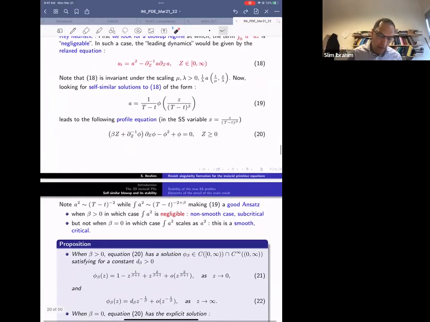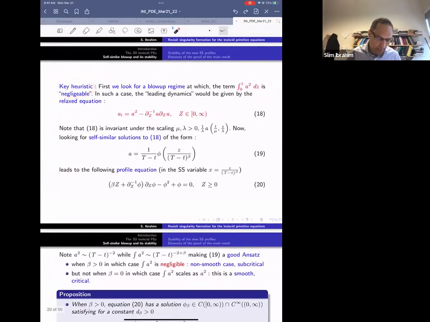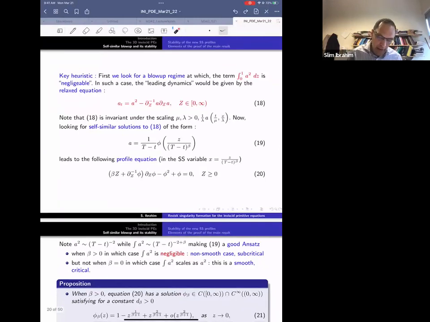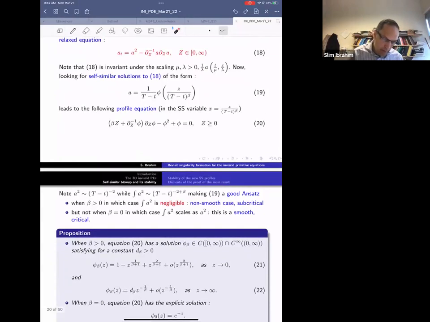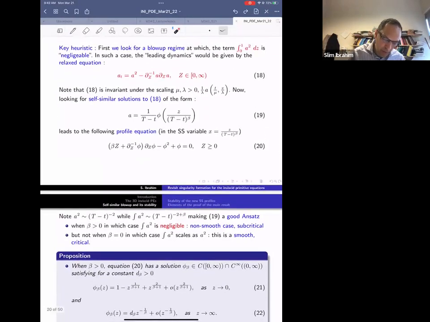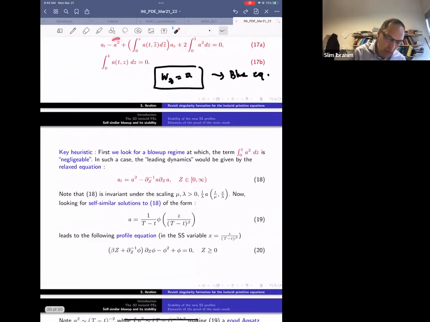Now let's go back to our heuristic, and see when this term can be negligible and when it's not. So let's calculate the L2 norm of this ansatz here. We calculate this term, the pressure term, and then we calculate A square, and we compare.